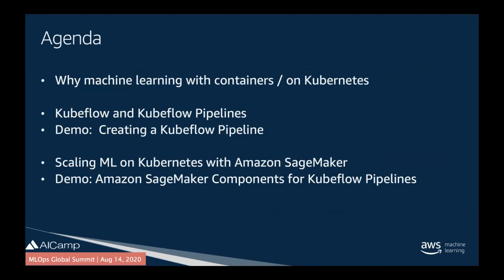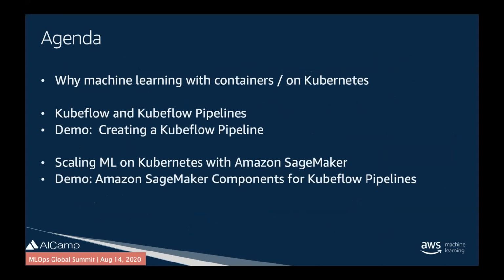All right, so quick agenda walkthrough. I'll start quickly with why we are thinking of doing machine learning with containers, and in particular running it on Kubernetes. Then I'll introduce you to Kubeflow and in particular to the Kubeflow Pipelines project. We're going to see a demo.